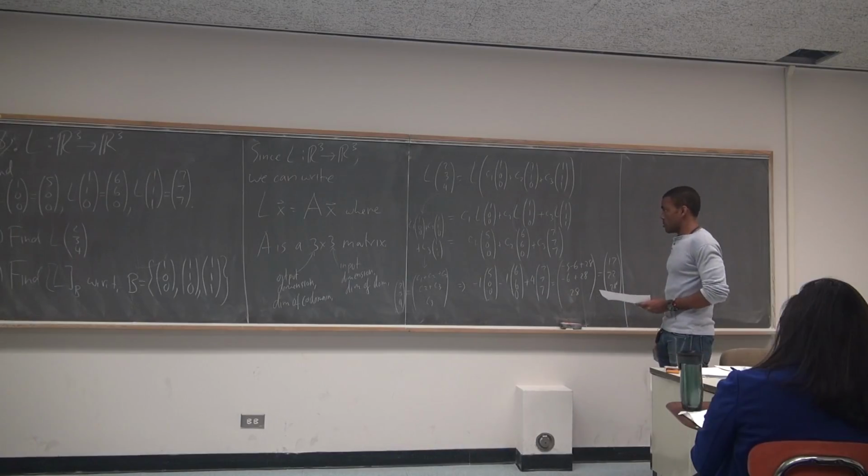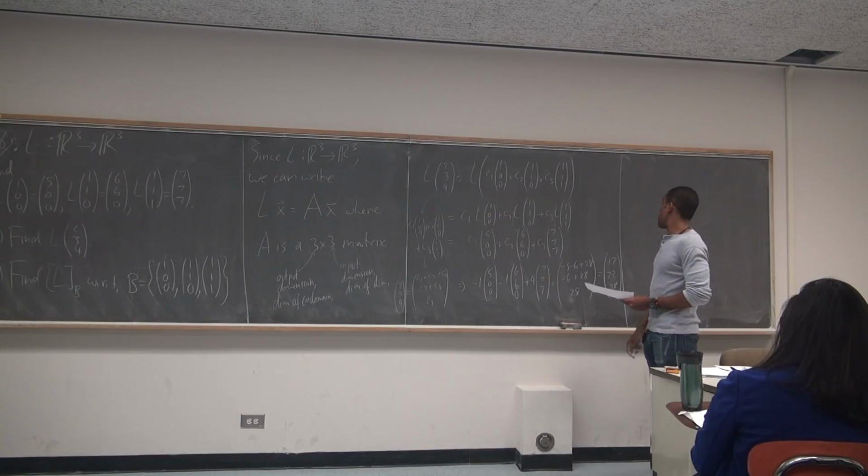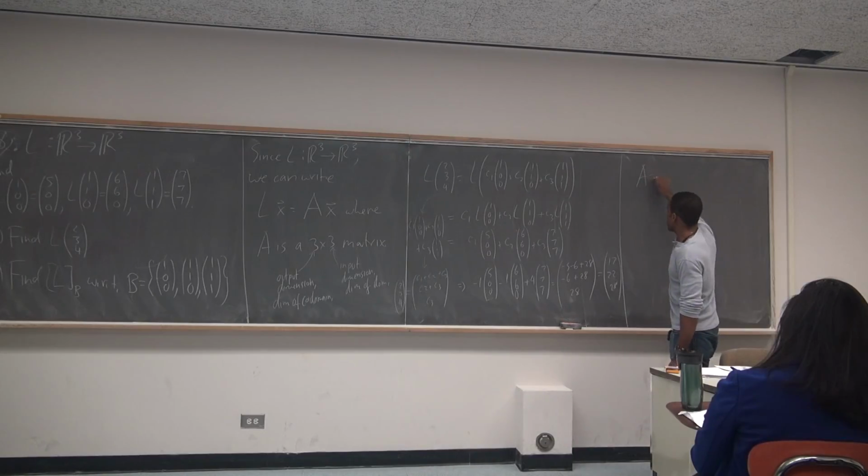Good, that can work. It's not how I thought about it, but that does work. I just set up a system from the beginning. So I call the entries of A: a, b, c, d, e, f, g, h, i, because this system is not hard to solve either.